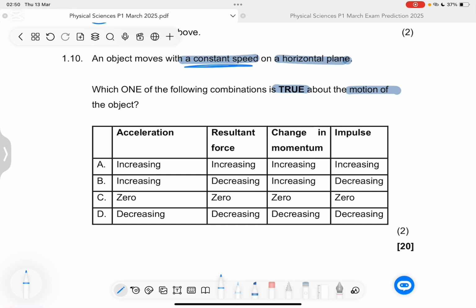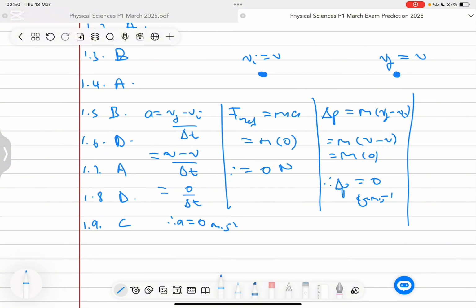The last one actually is the impulse. Obviously, if we are saying here that our change in momentum is 0, it means the impulse will also be 0, because the impulse-momentum theorem says the two are the same. So here we'll also have a 0 because the impulse is equal to the change in momentum. And so if the change in momentum is 0, it means the impulse is also going to be 0.